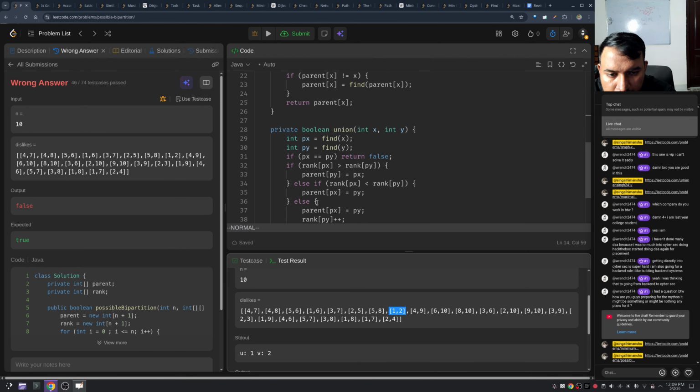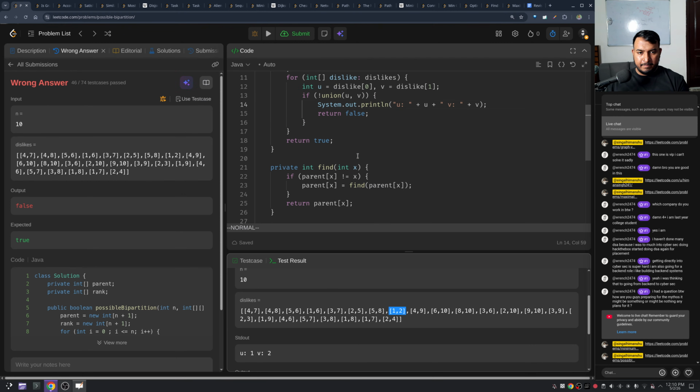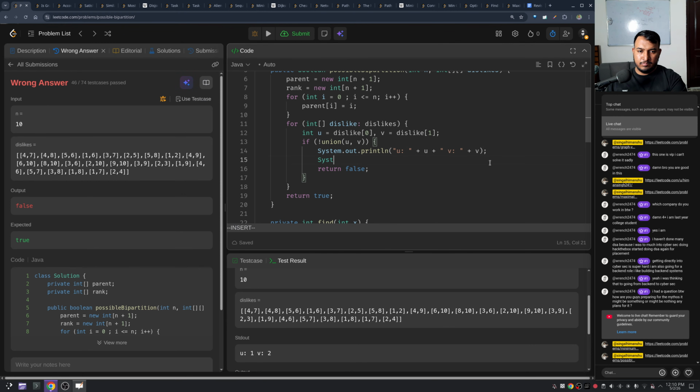Maybe I'm doing this parent thing wrong. Let's print out the parent array as well.